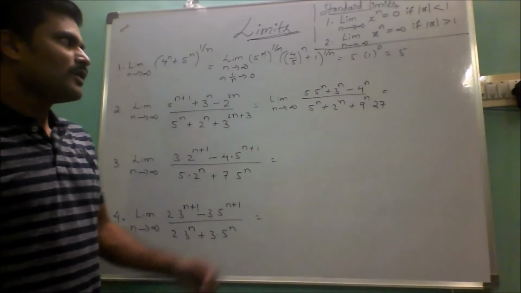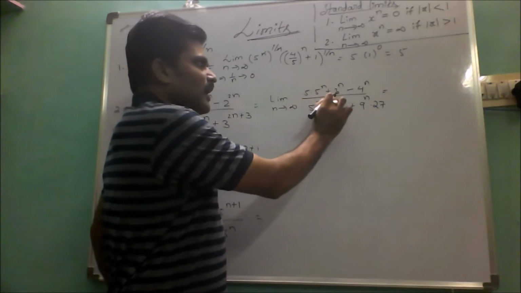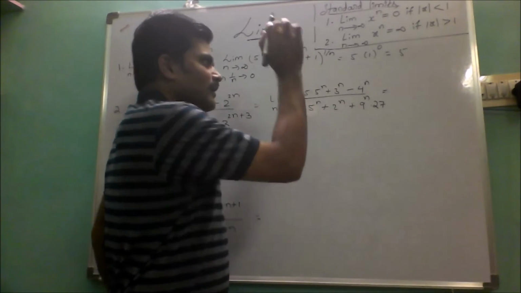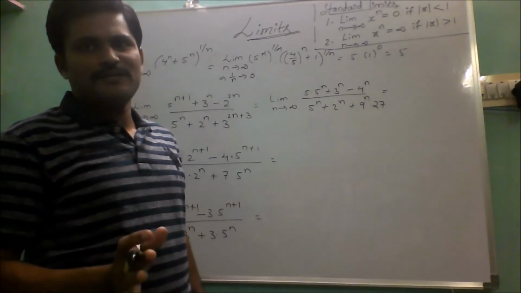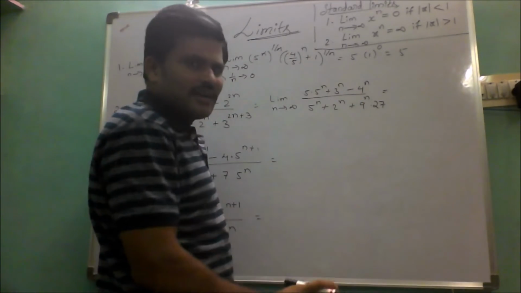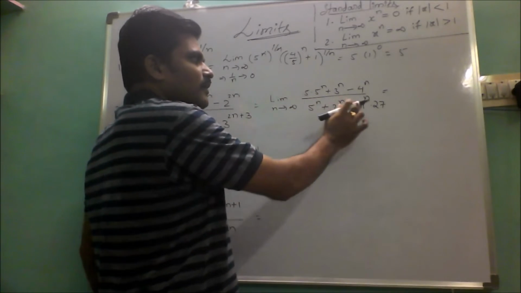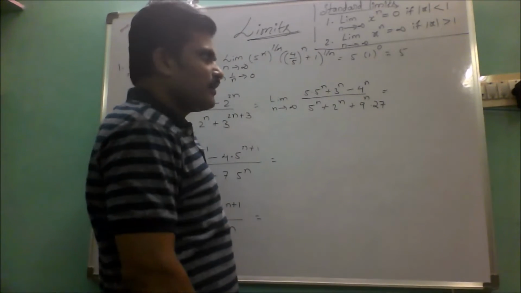Here we observe that both numerator and denominator, 5, 3, 4, 2, 9, contain powers of n. The greater value is 9. Now we divide both numerator and denominator by 9 power n.